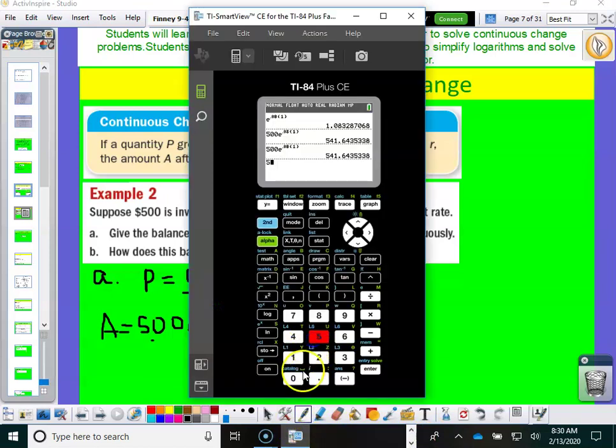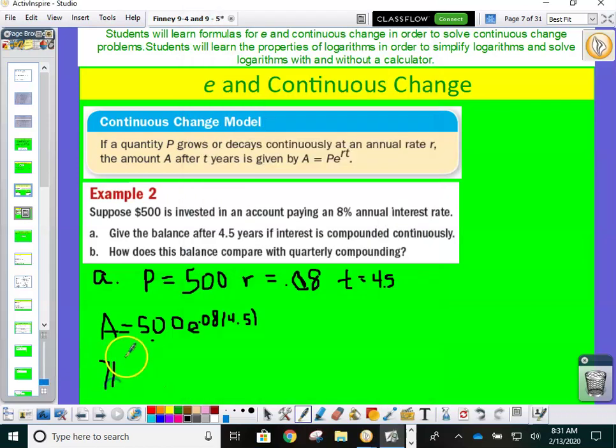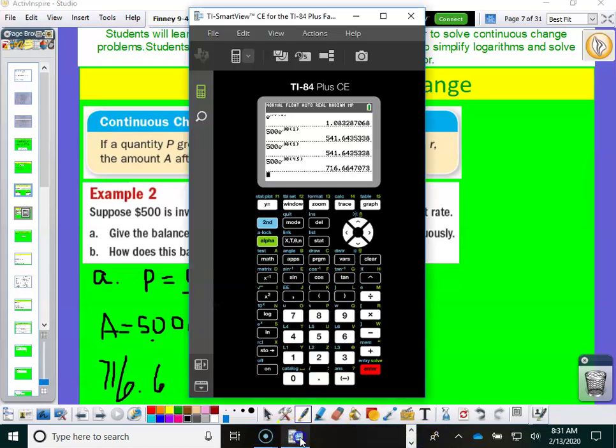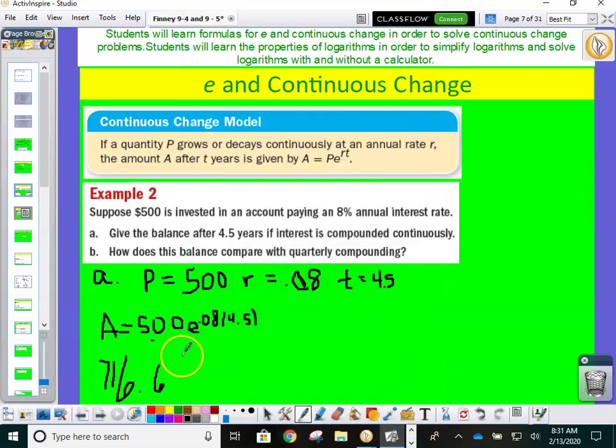So we've got 500, and I'm all about working smarter, not harder. So I'm going to do e to the x, and I'm going to do 0.08 times the 4.5. And this time I have $716.67. $716. Well, that's a terrible looking 6. And so was it 67 or 66? How did I round it? 66 cents. Sorry about that. So that's the first problem.